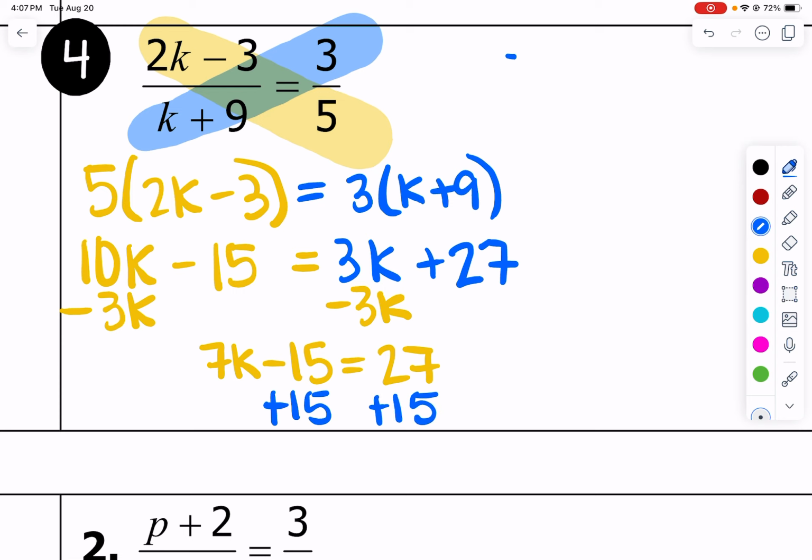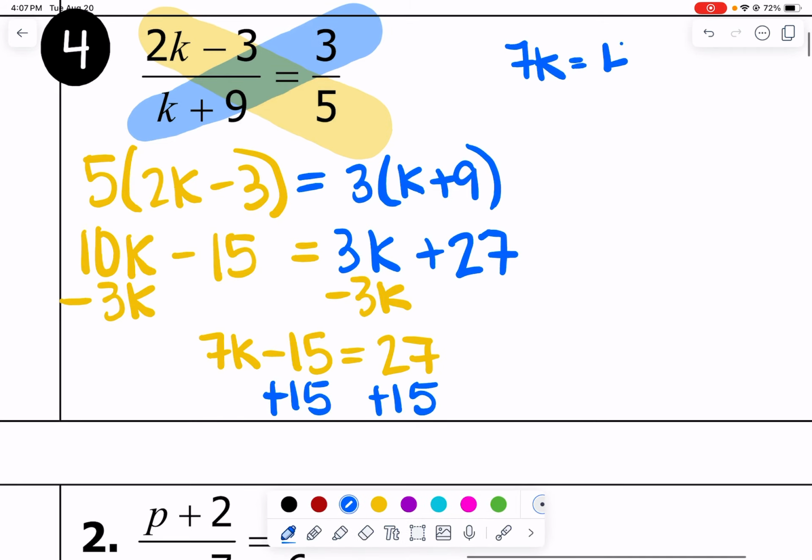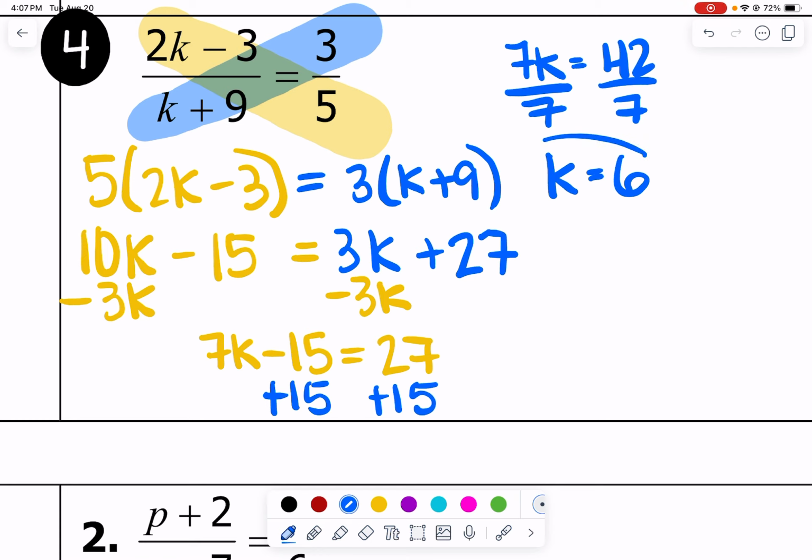And I get 7k equals, it's 42, I think. Divide both sides by 7. Get k equals 6. And that is our answer.